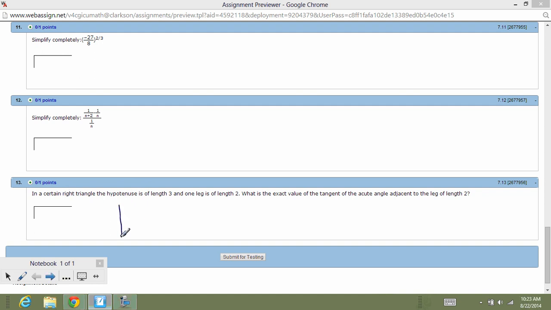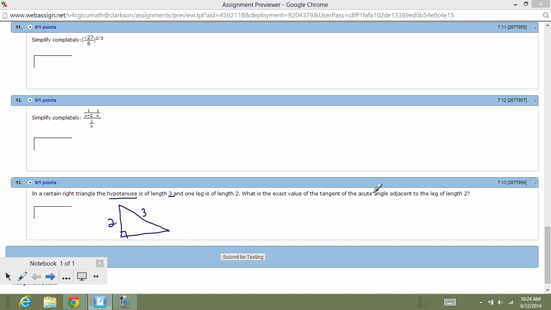Okay. So there's my right triangle, composed of 2 legs and a hypotenuse. The hypotenuse is of length 3. So 3 goes there. Okay. And 1 leg is of length 2. It doesn't really matter which leg I identify as being of length 2. I'll make that one be of length 2.